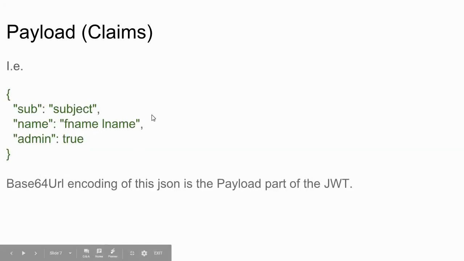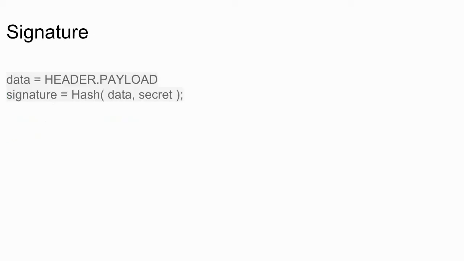Here is the example payload. Again, the payload is base64 URL encoded, which will form the second part of the JWT. Now the last and third part is signature. So you can see the algorithm here.